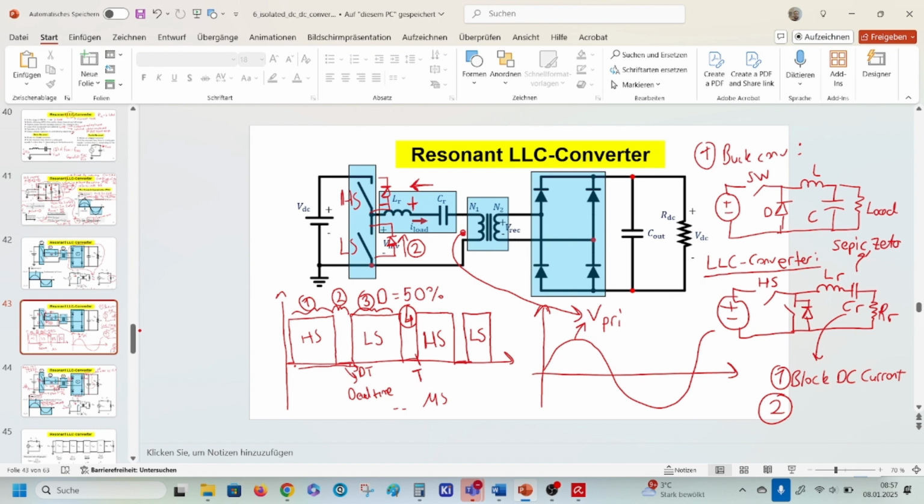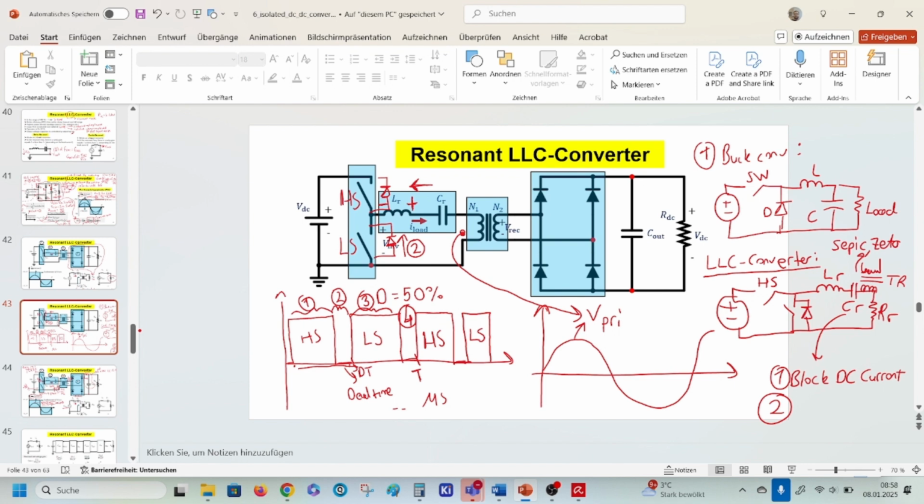And by the way, I should also draw here my transformer. Let's say transformer is here. I don't use this portion, there is a transformer here.